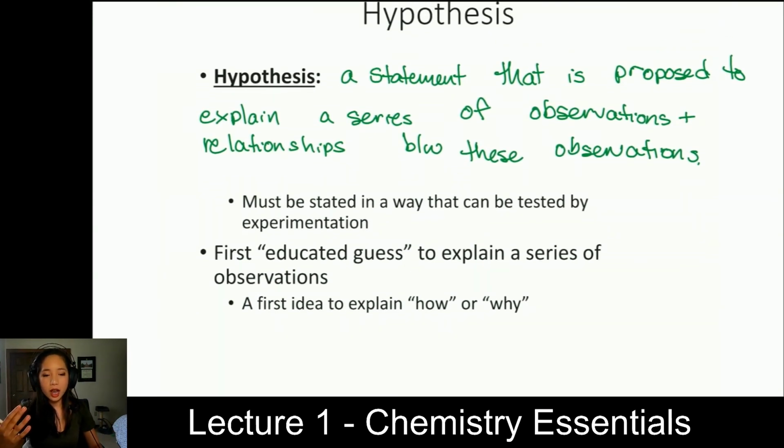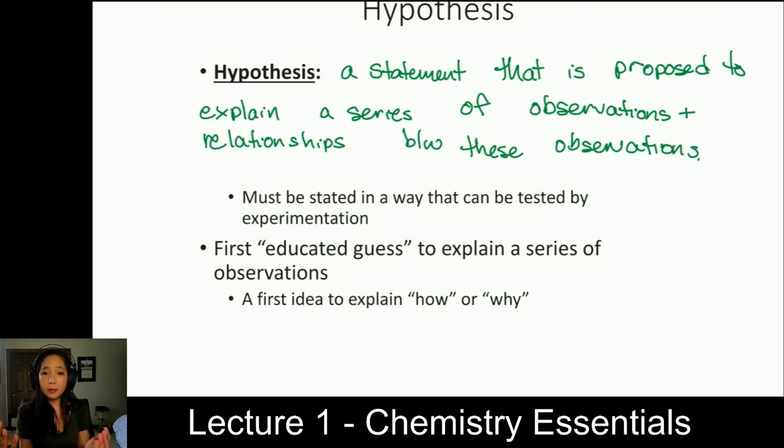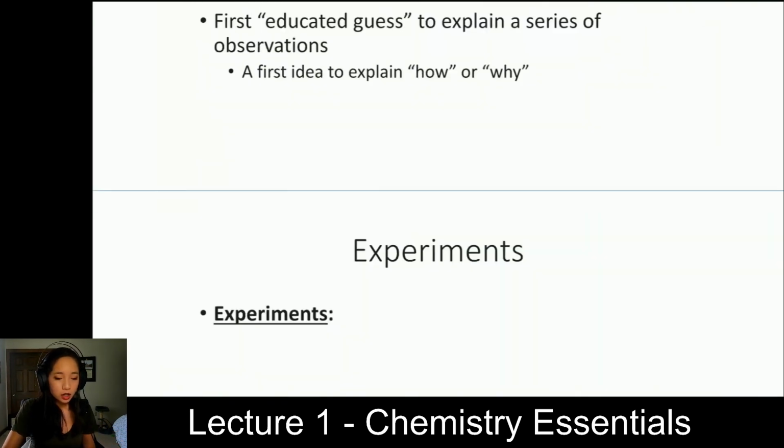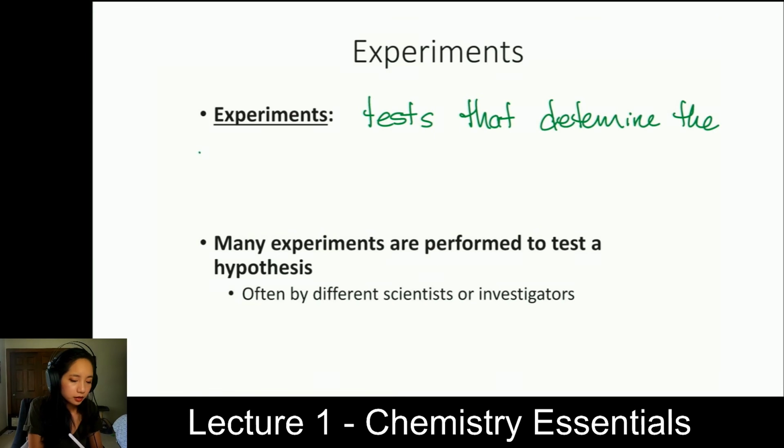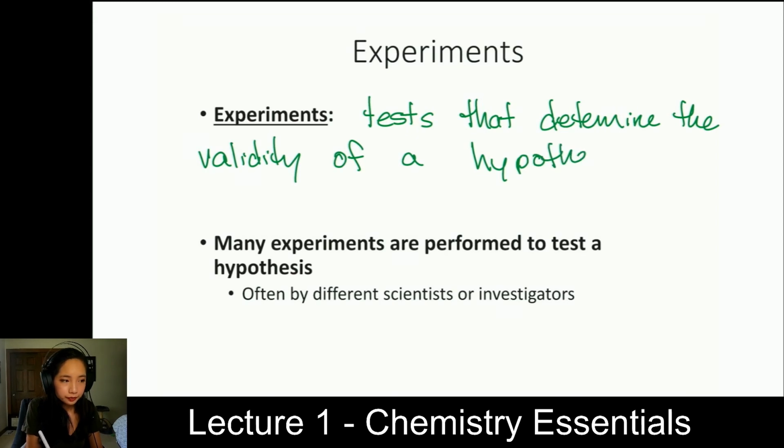So we talked about how we can test hypotheses with experimentation. So what is an experiment? An experiment is just a test or multiple tests that determine the validity of a hypothesis.